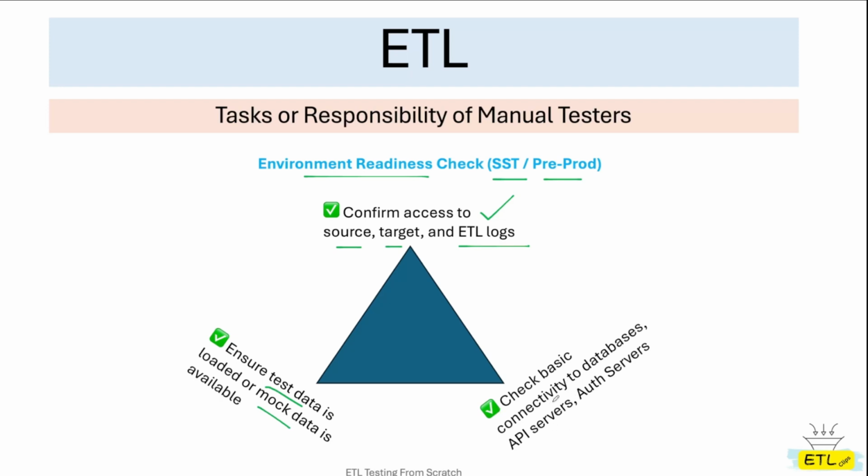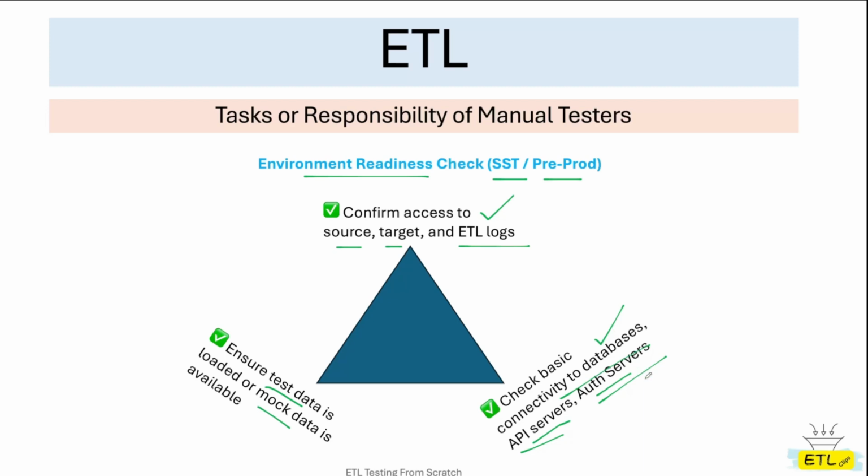Check basic connectivity to databases, API servers and auth servers. So before you start testing, make sure independently that these API servers and databases are working. Like you can check API server connectivity via Swagger document, auth server connectivity via Swagger, databases via your SQL Developer or DBeaver or DataGrip, which we have already covered in the earlier video.